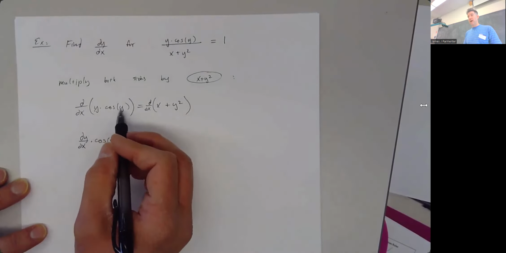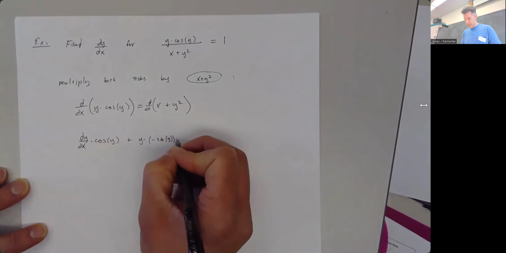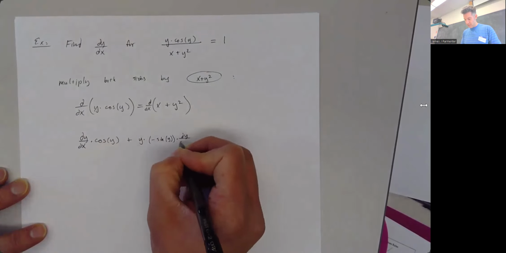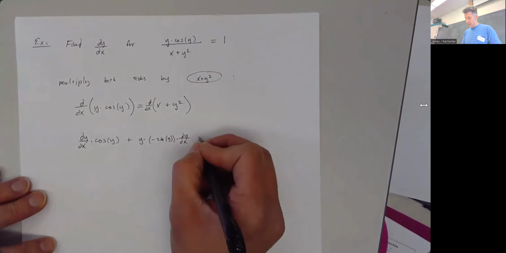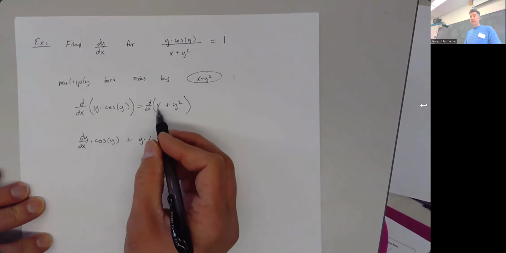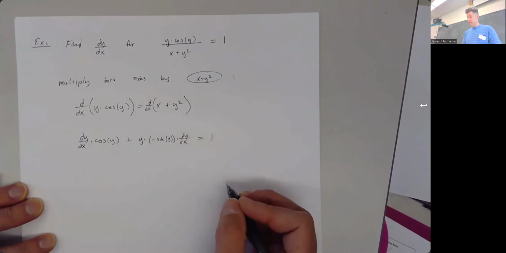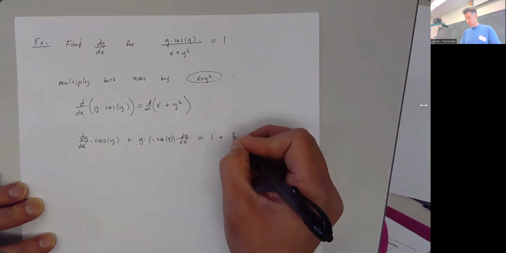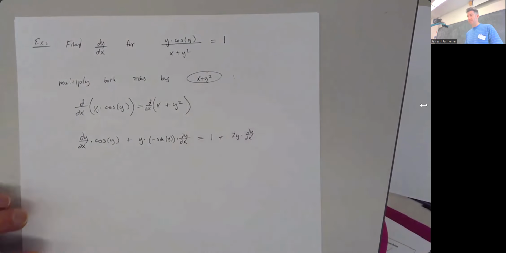The derivative of cosine of y is negative sine of your stuff times the derivative of your stuff. On the right-hand side, the derivative of x is dx/dx, which is just 1. The derivative of y squared is 2y times the derivative of the stuff, which is dy/dx.